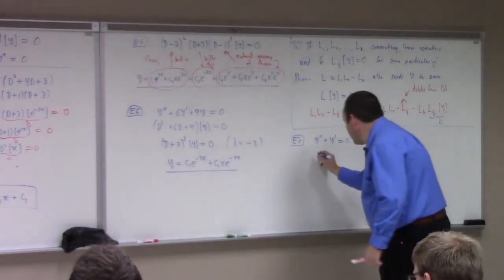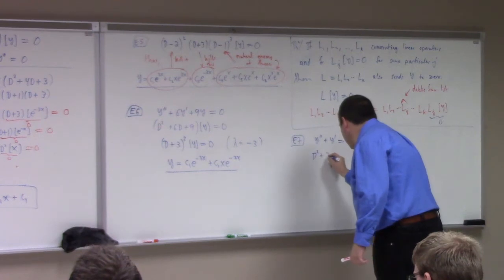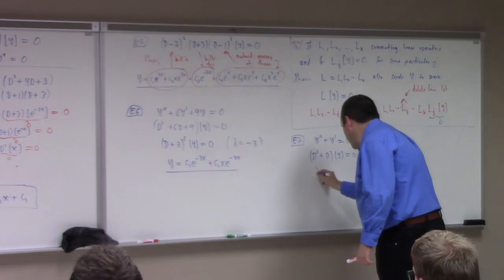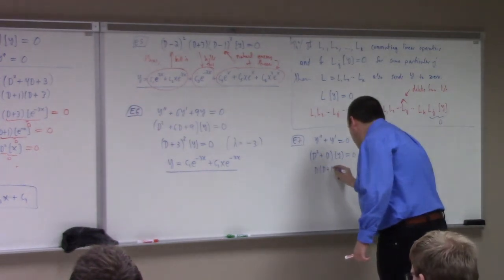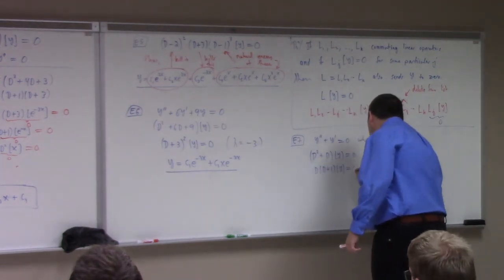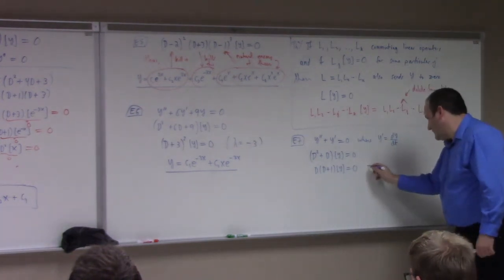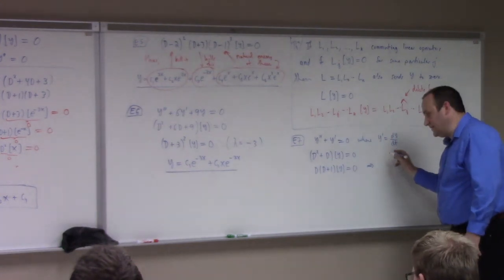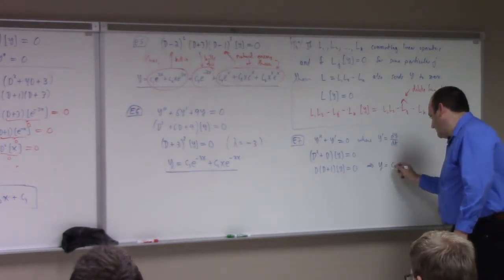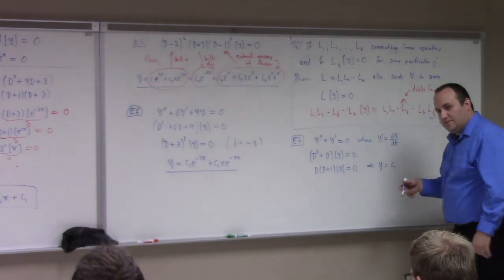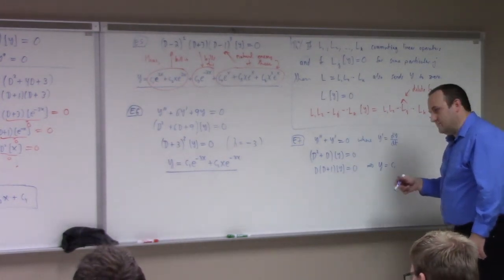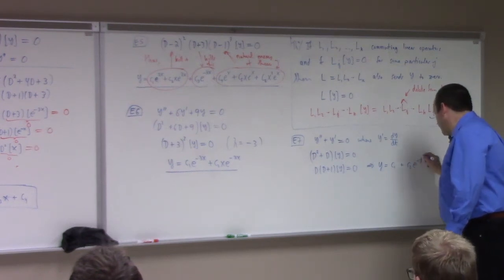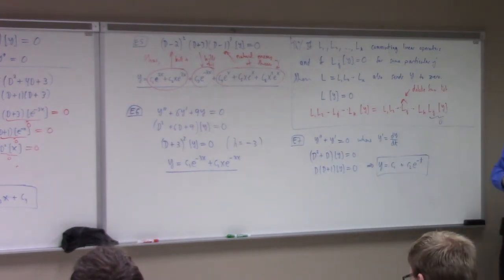So this is D squared plus D acting on y equals 0, which I can say is really D times (D plus 1). And that tells me then, paying attention to the fact the independent variable for this problem is t, so I'd write y is equal to c1 e to the 0, otherwise known as 1, plus c2 e to the minus t. There you go. General solution.